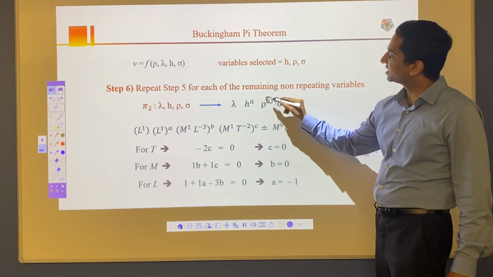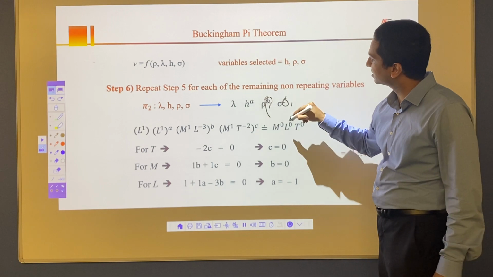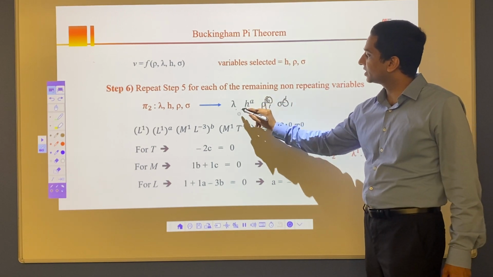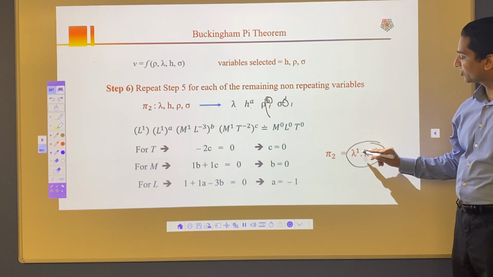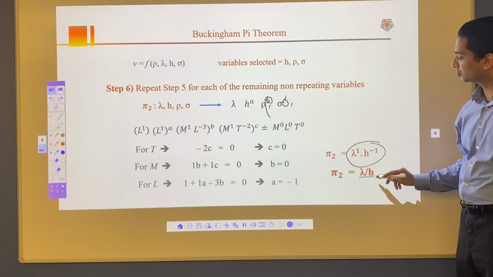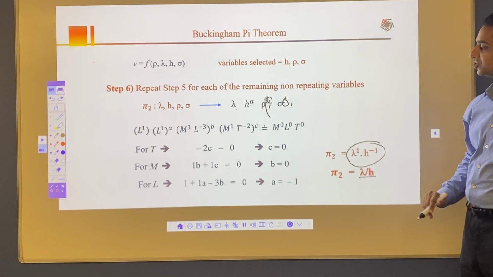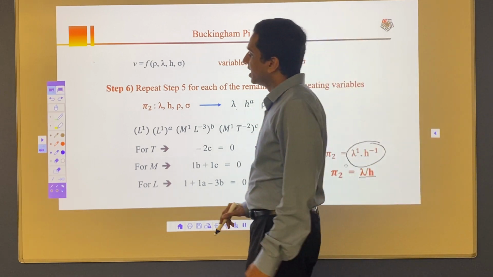Anything raised to 0 is 1, so you can just write it as 1, it doesn't matter. You can cancel it out. And then you will get this one and this one. And that's your term. Lambda raised to 1, h raised to minus 1. You can rewrite it like this one, lambda by h. And that's your pi 2. And that's pretty much the problem. You have to find out this parameter, pi 1 and pi 2.